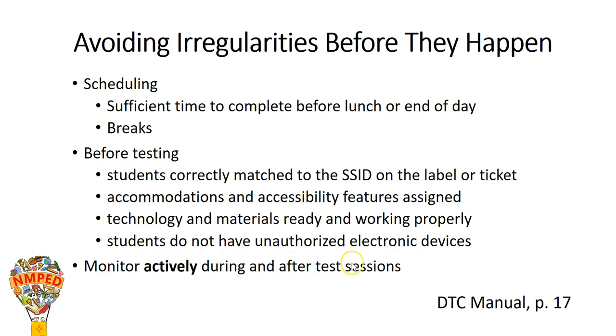Students need to be authorized to use electronic devices, and you have to monitor actively. So the best thing is to just be prepared and check those accommodations very closely. Not wait till the last minute, not just let your teachers tell you. As a school test coordinator, you need to be sure that accommodations are 100% accurate. Again, 100% accurate. That is your role and responsibility.